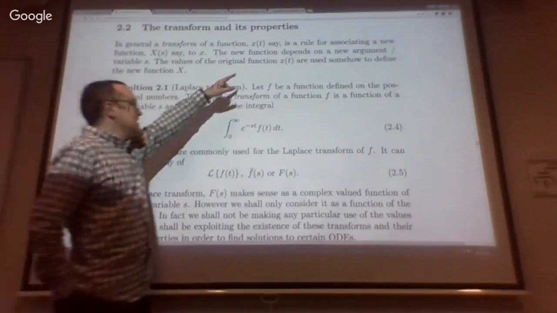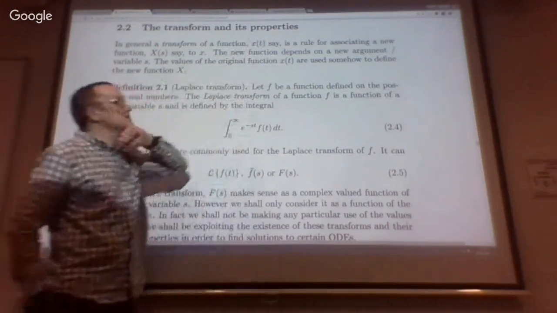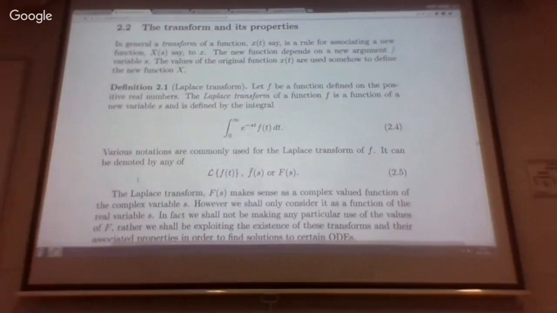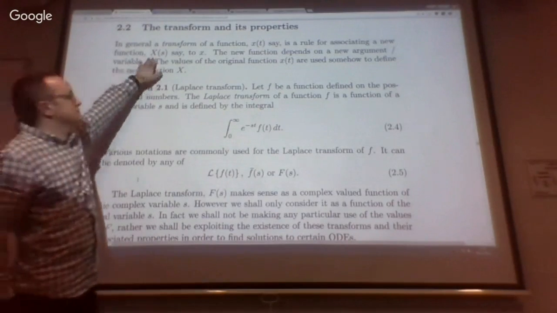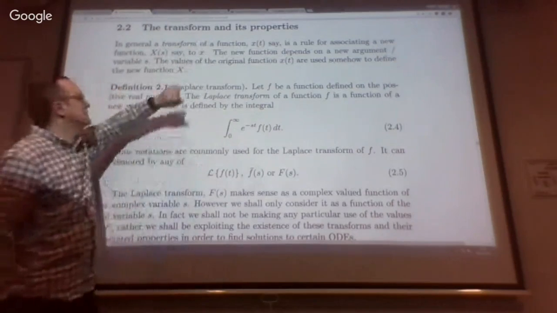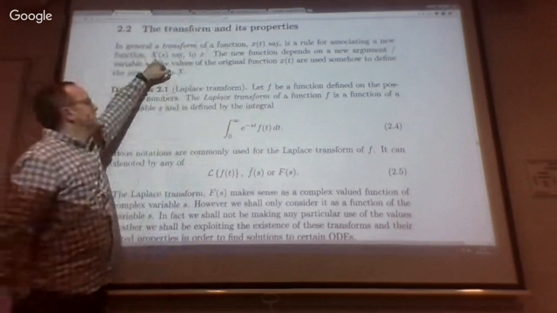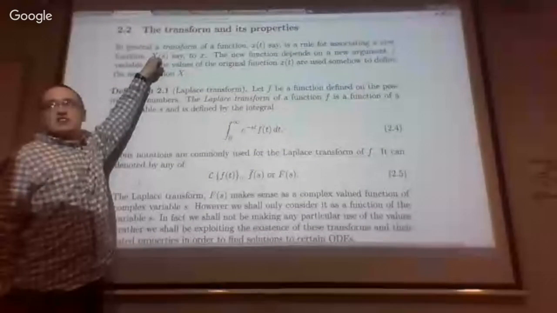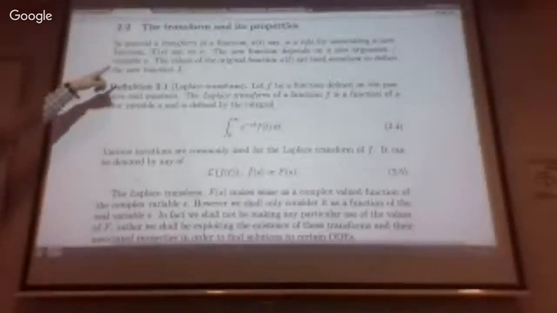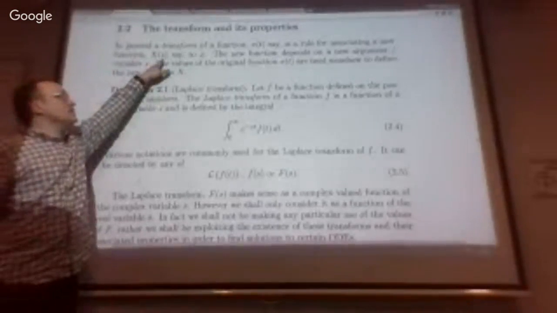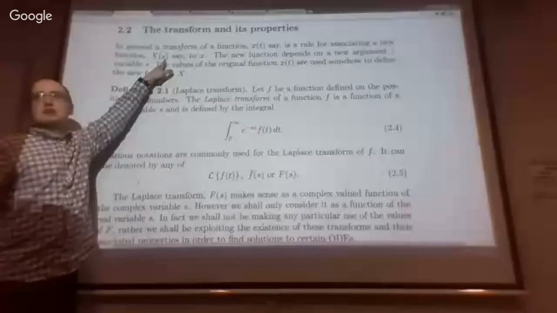So what it does is it takes a function of t, say, so a function of a single variable, and the transform is a rule for associating a new function to the original function x. They're going to refer to the new function as capital X. It's a different function. And importantly, it's a function of a new and different variable, s.